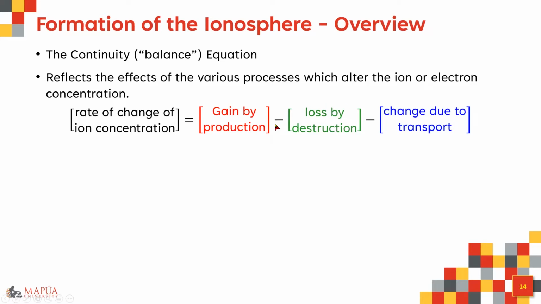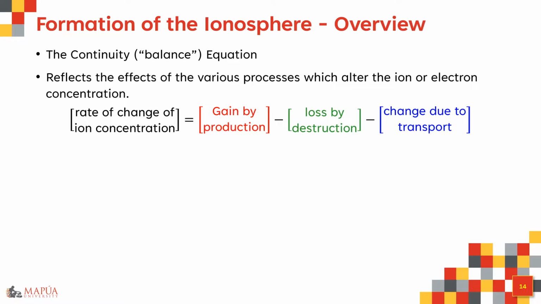Of course, you have your gain in terms of production. This term describes how charged particles are formed. Of course, there is also some form of destruction. And then at a certain locality, ion concentration can also change by motion.